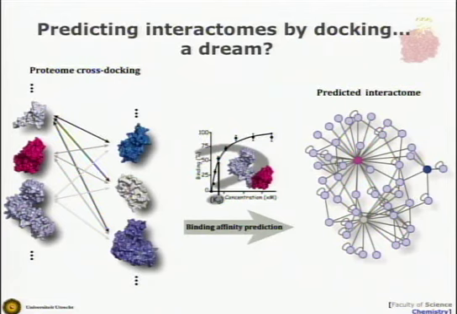Once you have done that, you still have to identify, because if you do docking, you're always going to get a solution out. You put into the software that those 2 proteins should interact, so the software is going to give you a solution. How do you know if in real life this complex is being formed or not? To answer that question, you will have to predict the affinity of the complex.